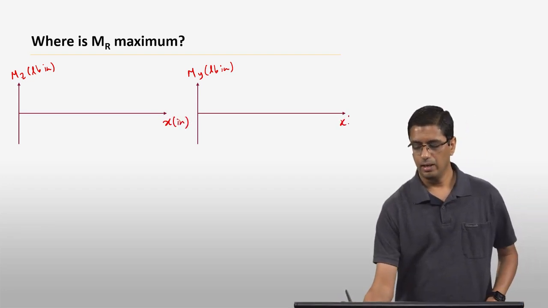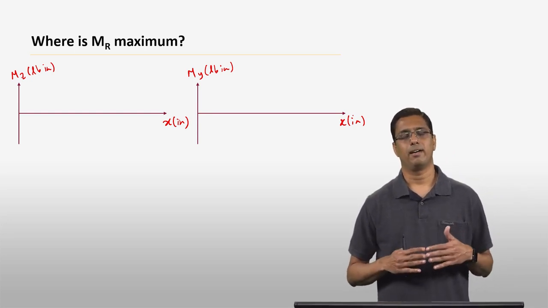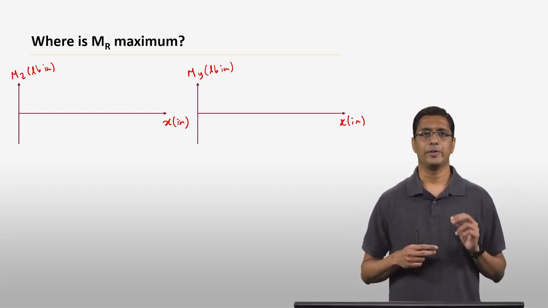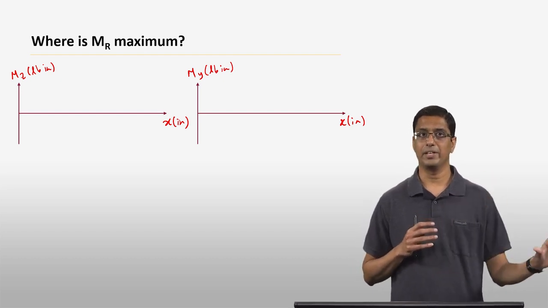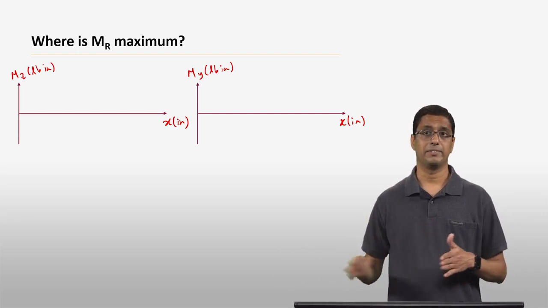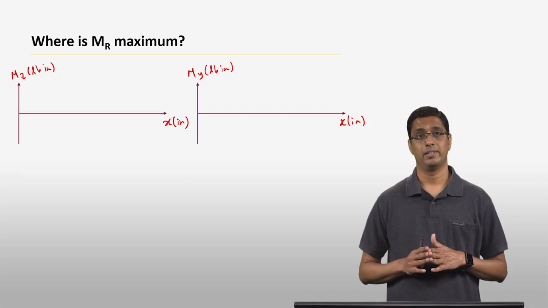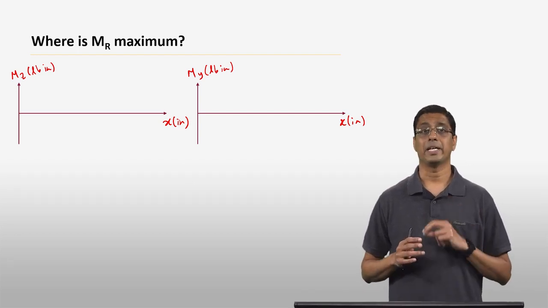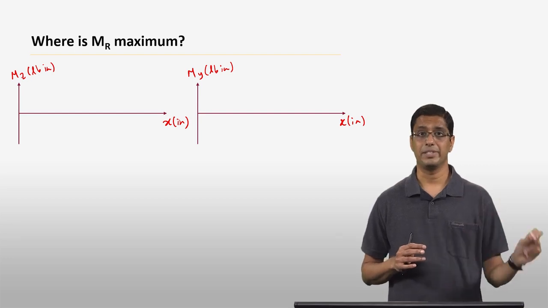Now the question is, at which point along the axis of the shaft are we going to have the maximum resultant moment? We know individually what Mz looks like as a function of x. We know what My looks like as a function of x. We don't know how Mr looks as a function of x. And it is Mr that we have to maximize, because the bending stress depends on Mr, not Mz or My.